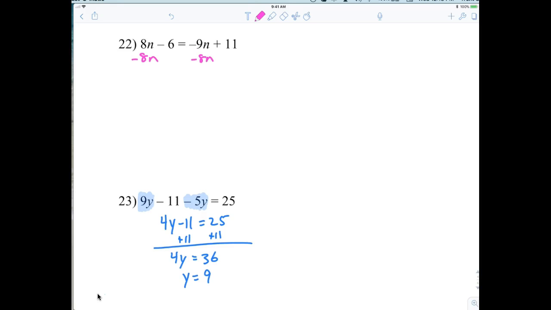No. Not if you do a minus 8n. So listen, here's what I prefer that you do. Look real quick. I want the variable to go over here, and I want the number to go over here. Right. Plus 9n.